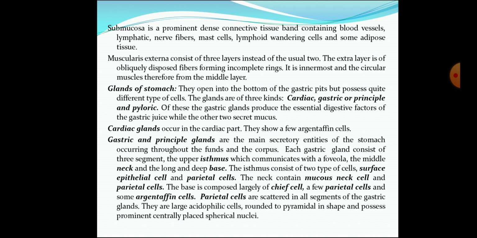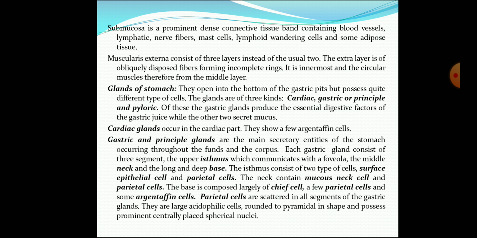They show structural characters of protein synthesizing cells: basal rough endoplasmic reticulum with abundant ribosomes, numerous mitochondria, and a supranuclear Golgi complex and large secretion granules present in this region. These cells secrete the proenzyme pepsinogen.